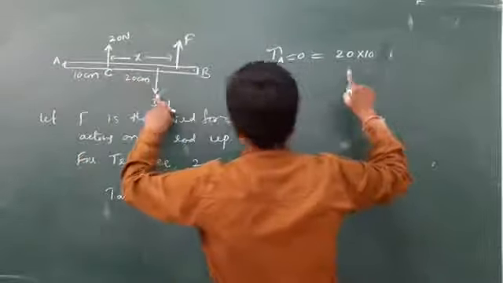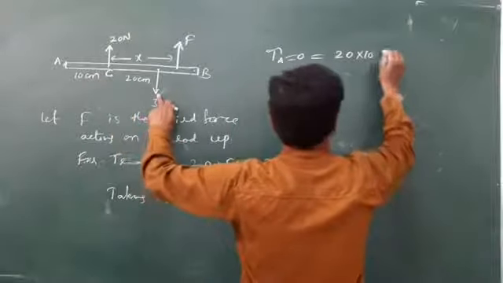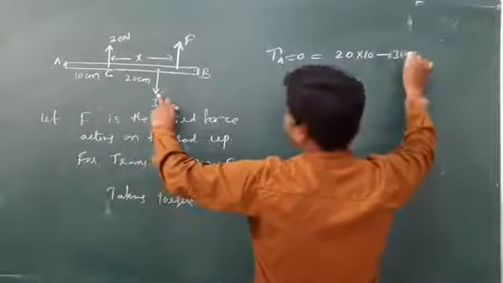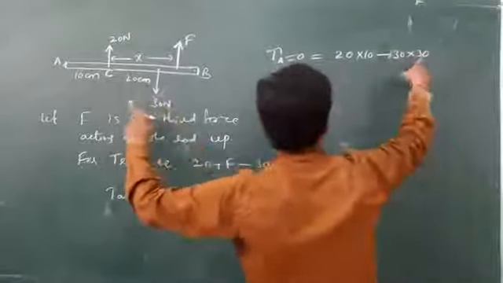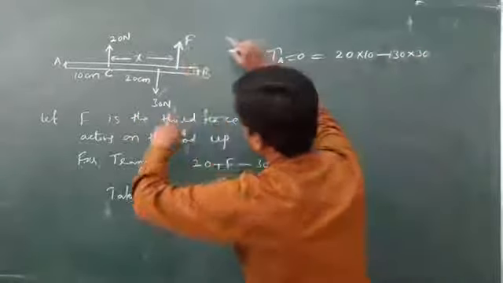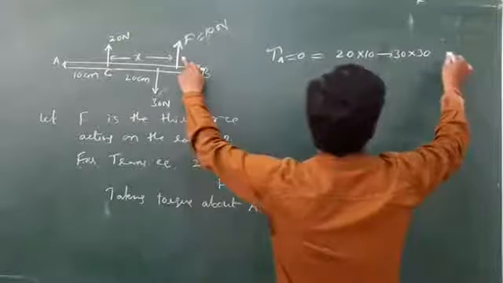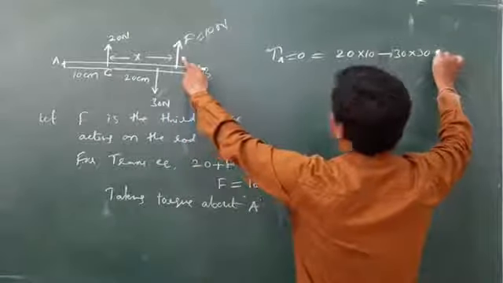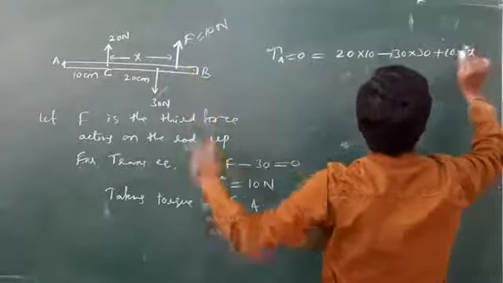Coming to the 30 Newton, this is right, so minus. 30 into the gap 20 plus 10, that is 30, centimeters are there, keep in mind. And next, this F, already got it, 10 Newton, and this is left side, so plus 10 into x.